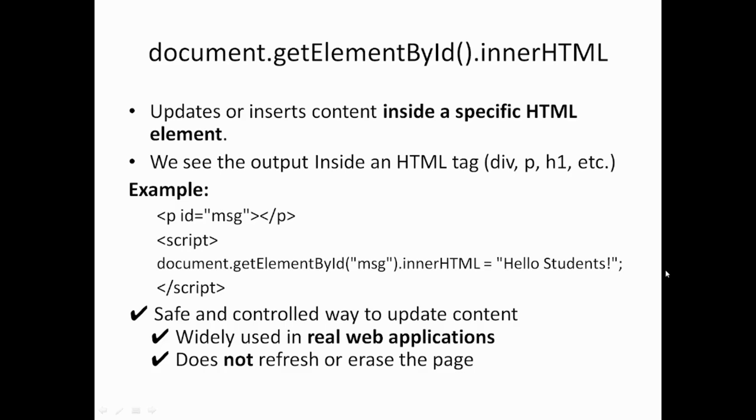This hello students message will be included in the paragraph element, because the paragraph element contains the ID called message. In document.getElementById we are passing the ID called message, so by using this message ID, it will put hello students inside the paragraph tag.